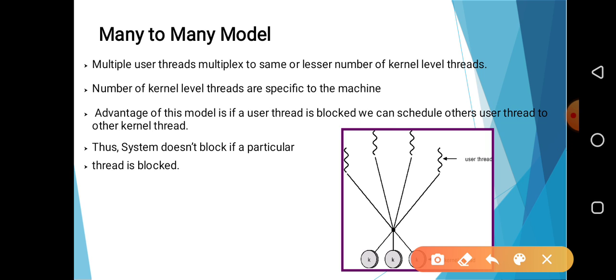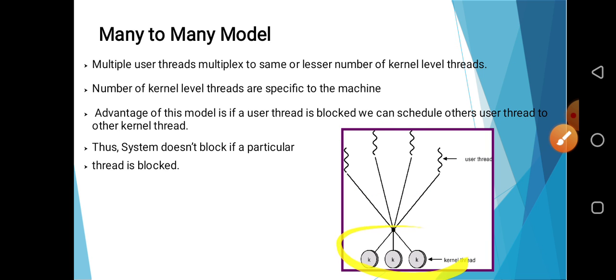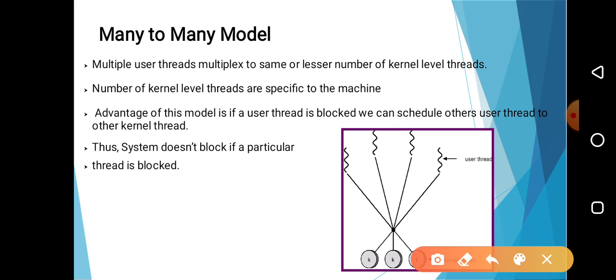Now the next one is many to many. Again UK, many user threads are connected to many kernel threads. As you can see here, 4 user threads are there and 4 kernel threads are there. So here multiple user threads are connected to multiple kernel threads. The advantage is that if a user thread is blocked, we can schedule another user thread to another kernel thread.